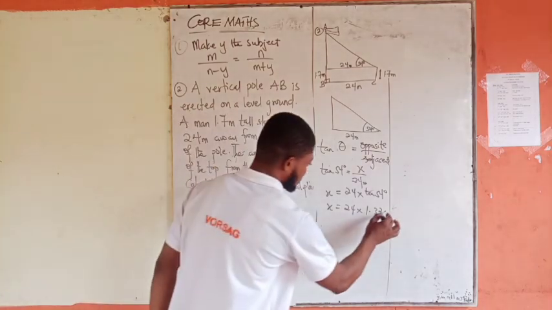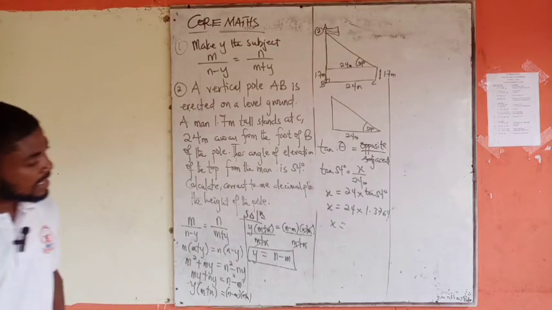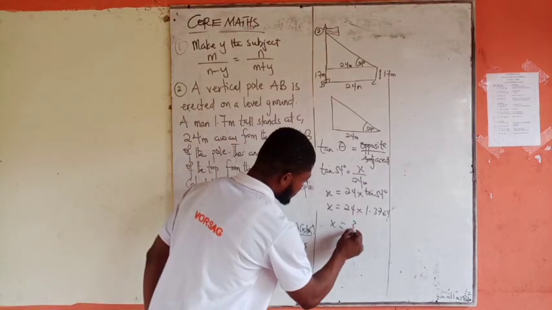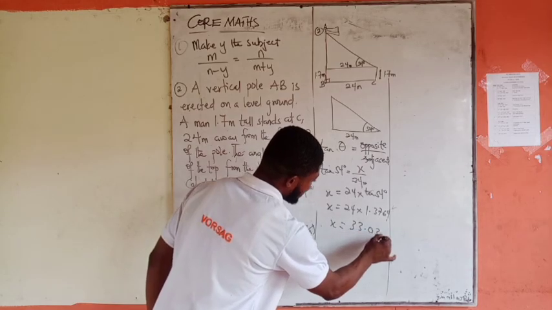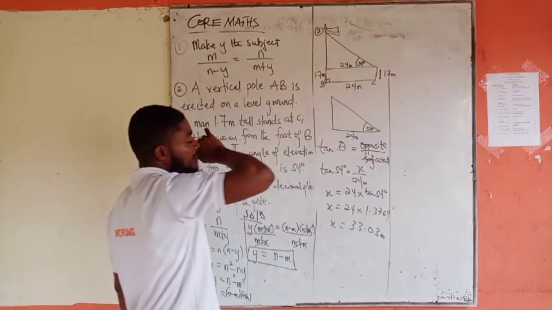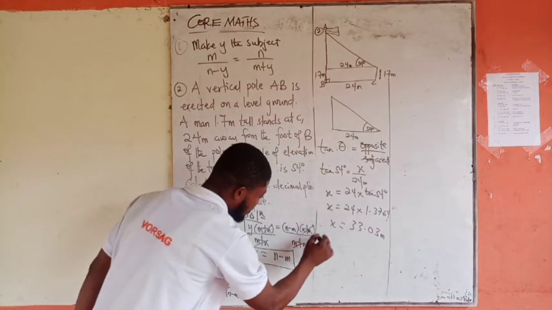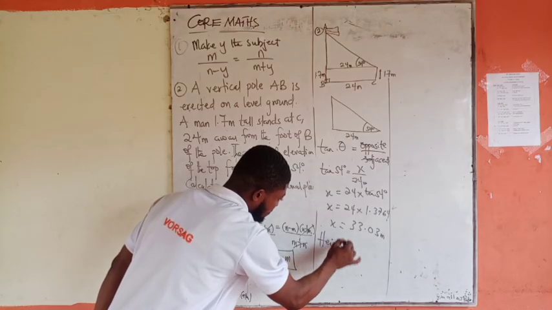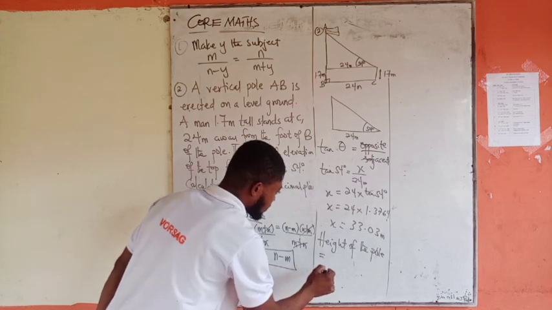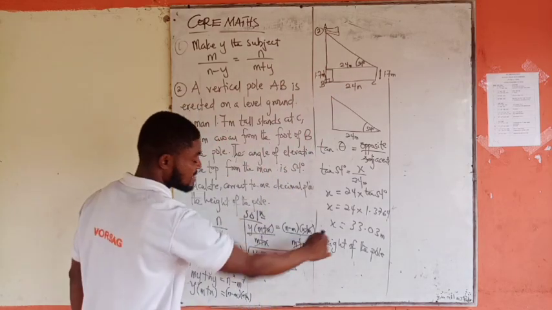1.3764. Yes, so this. When you multiply 24 by 1.3764, you get 33.03 meters. So meaning the height from the ground to the top of the pole is 33.03 meters. So the height of the pole now will be equal to this side plus the 33.